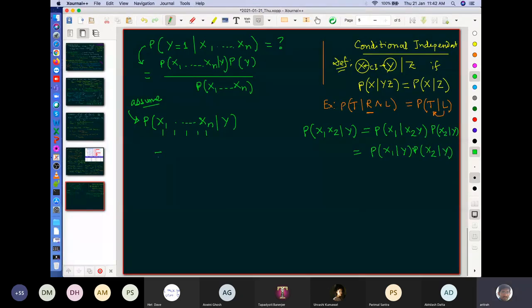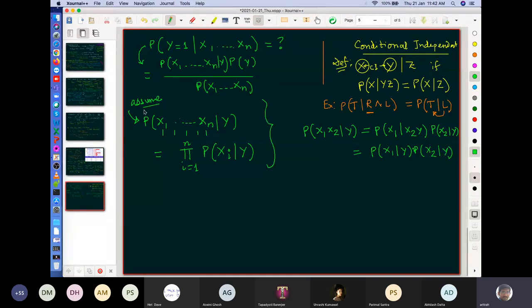So in general, you can write it as a multiplication, if your x1, x2, x3 are all conditionally independent.